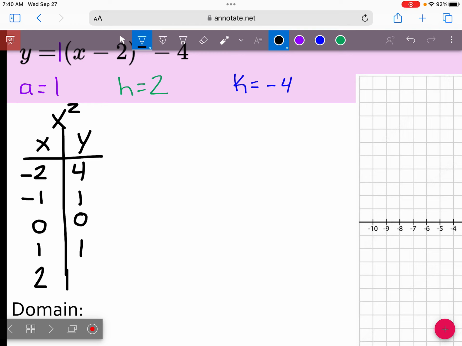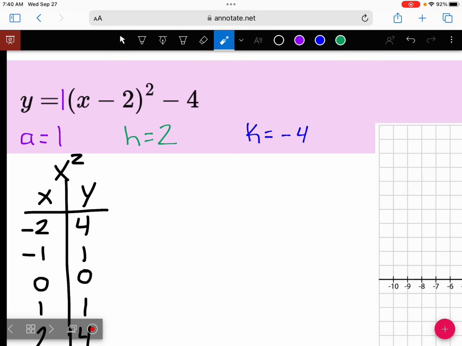And 2 squared is 4. This is our parent table for quadratics, for x squareds. The parent table doesn't change. It will forever be the parent table for quadratics. If we see this little 2 up here, this is our parent table.